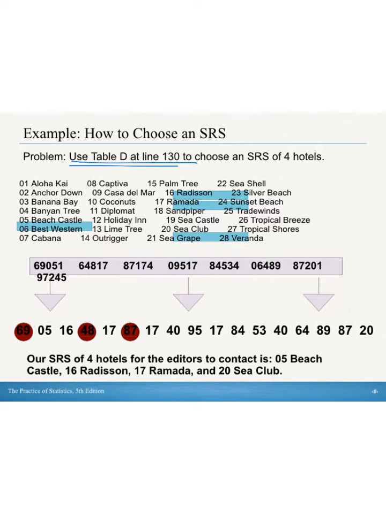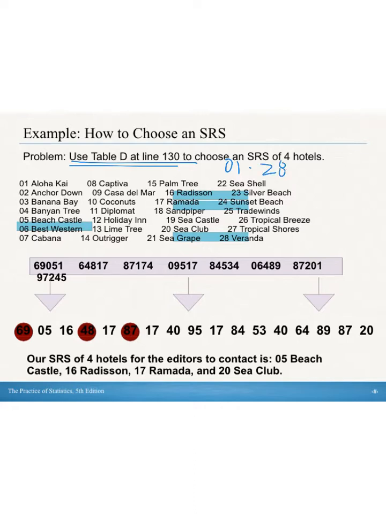Notice that in this case there are 28 total hotels, and we want to choose 4 of them. We're going to name each hotel with a specific number. Aloha is 01 and Casa de Mar is 09. If you're using a random number generator on your calculator, your range would just be from 01 to 28.